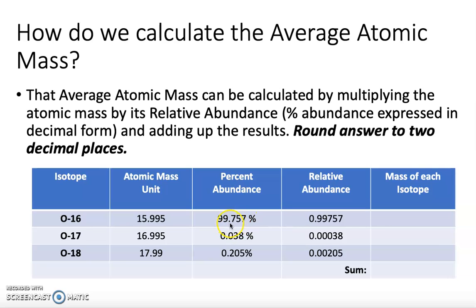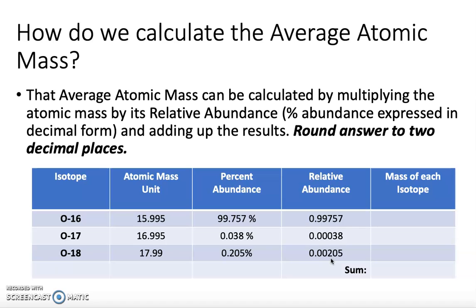So you can take 99.757, hit the percent key, and you'll get 0.99757. Or you can divide this number by 100 if you do not have the percent key. If you have a graphing calculator, there's a mode you have to go to do that. If you have 0.038, you can hit the percent key or divide by 100 and you get this. 0.205, hit the percent key or divide by 100 and you get this.